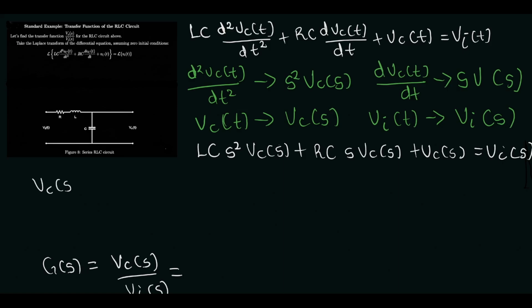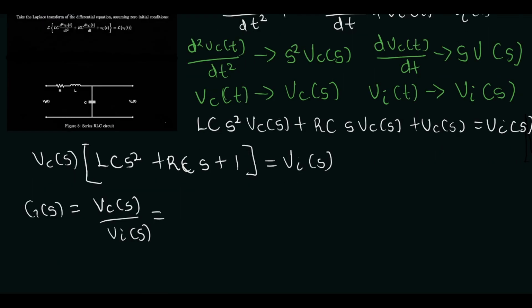Vc of s, open big brackets, LC s squared plus RC s plus 1, equals Vi of s. So solving this, you have 1 over LC s squared plus RC s plus 1. So this is your transfer function.